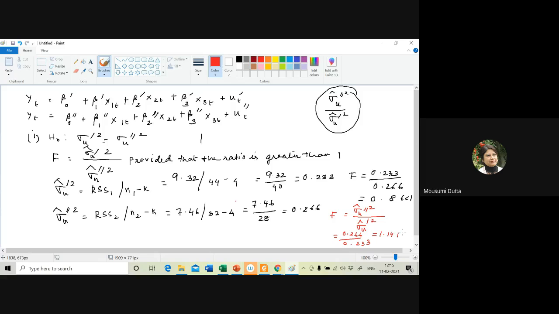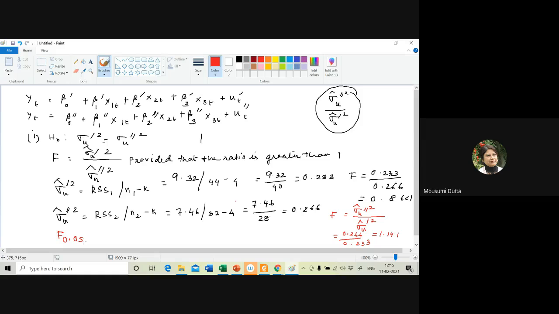So F value is 1.414. Okay, and the tabular value we need to consider is F 0.05, because we are considering the test at 5% level of significance.